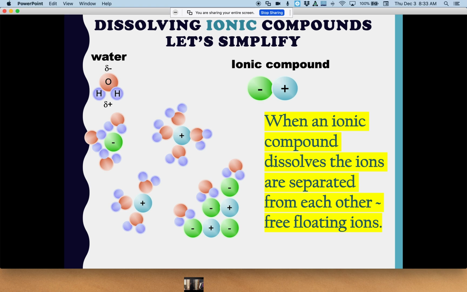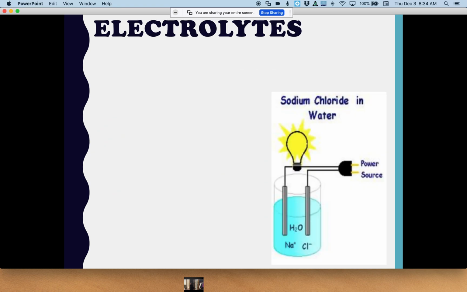And that's really important when we talk about electrolytes here in a little bit, because if we can have a negative charge moving around, that's what we call electricity. And so these ionic compounds dissolving and the ions becoming freed is what allows them to conduct electricity, right?